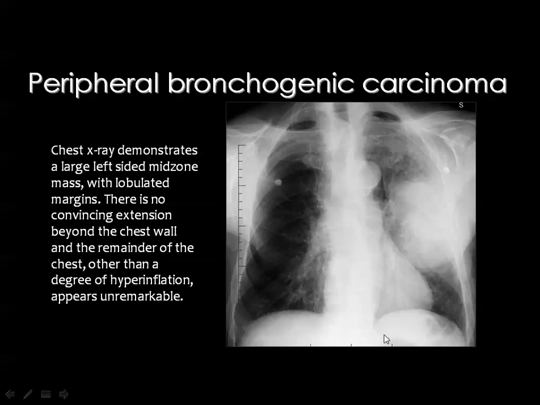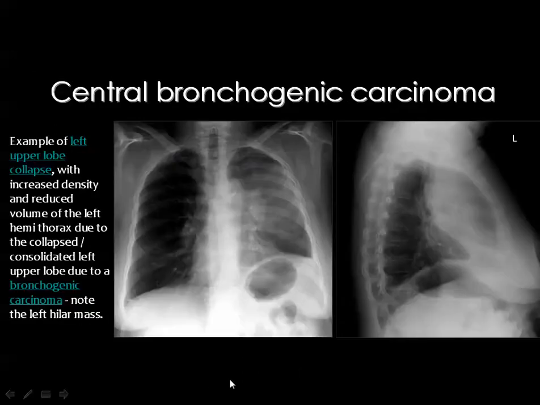As I have said, you consider bronchogenic carcinoma the first possibility, and if this lesion is proved by CT or ultrasound to contain water, you consider hydatid cyst. Or if the patient is known to have a primary malignancy or the lesion is multiple, then you may consider metastatic deposits. And this is an example of central bronchogenic carcinoma with bronchial obstruction and left upper lobe consolidation collapse.